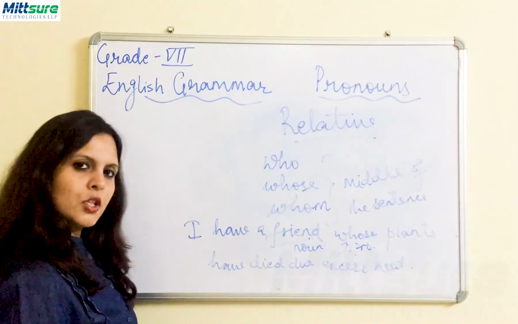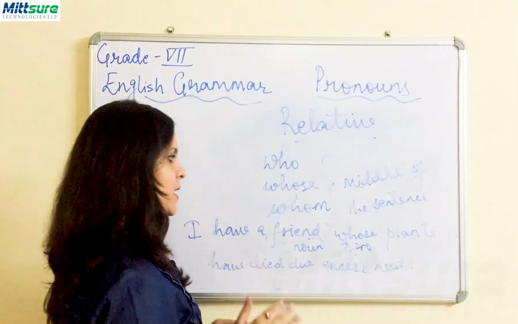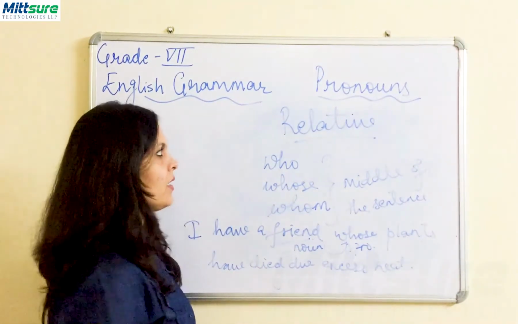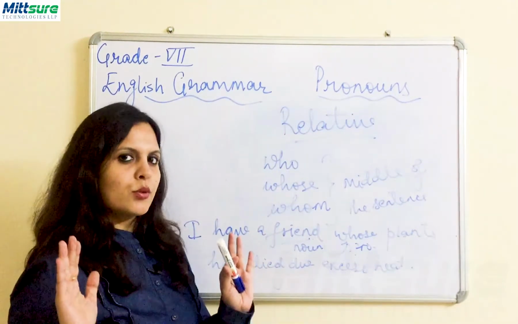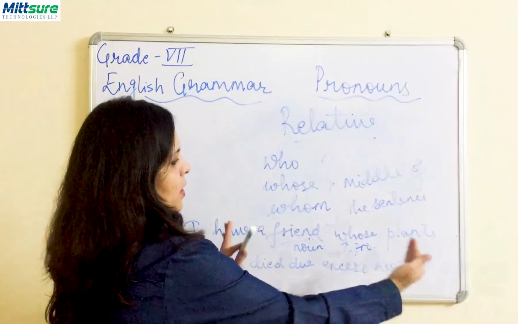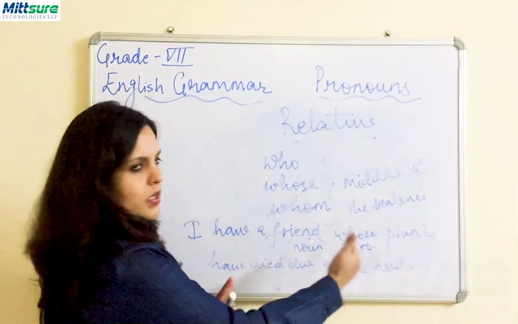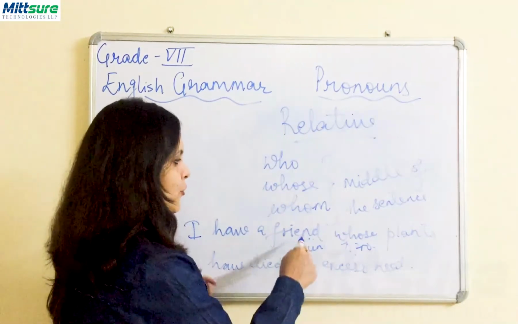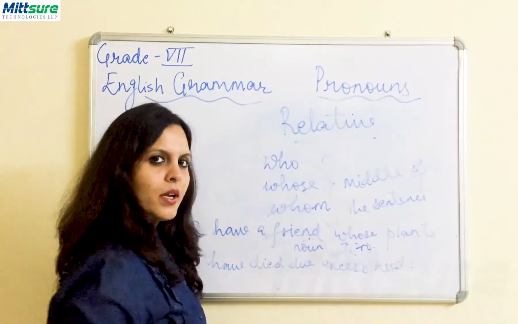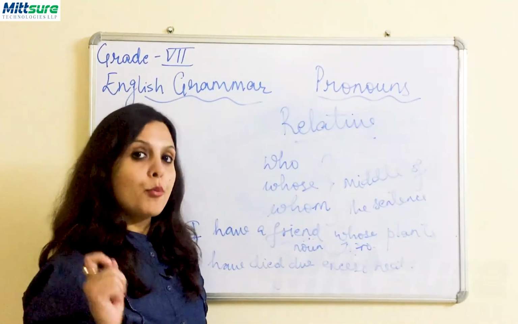So with the help of this example, you can easily understand that a relative pronoun is the pronoun that connects two clauses, or two ideas, right? And just because it falls right after the noun, it is a relative pronoun.